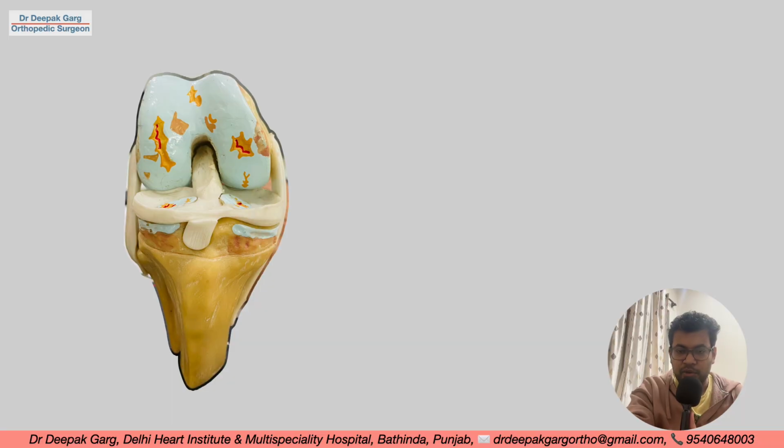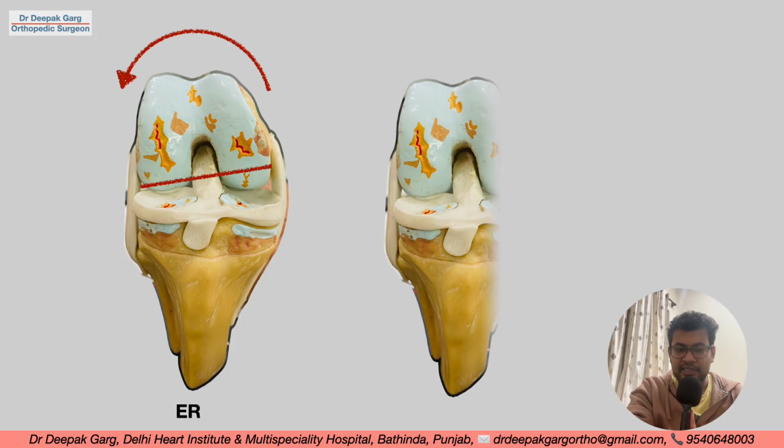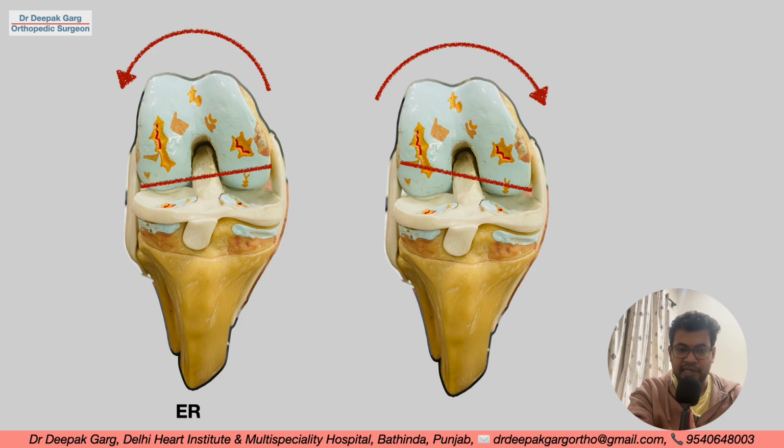So to balance this gap, let's understand the rotation of the femur. This is the external rotation of the femur, and this is the internal rotation of the femur. Now we want to cut more on the medial side, so that we can have more relaxation on the medial side of the tissues, and we can have a balanced flexion gap.